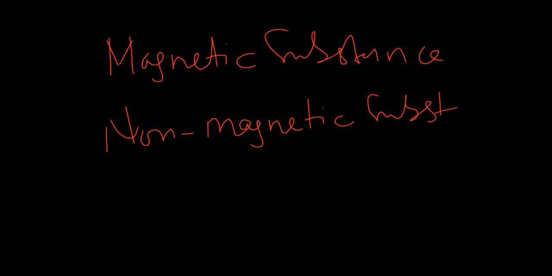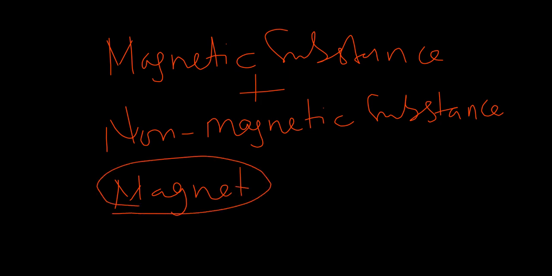If you have these two mixed together, you can simply use a magnet to separate them. You bring the magnet into the mixture and the magnet will pull out the magnetic substance, leaving behind the non-magnetic substance. It's as simple as that.